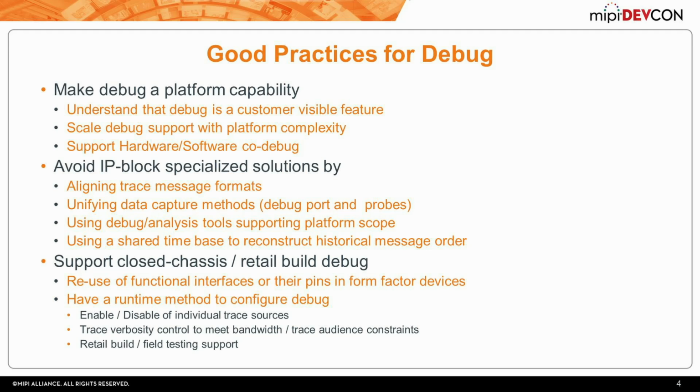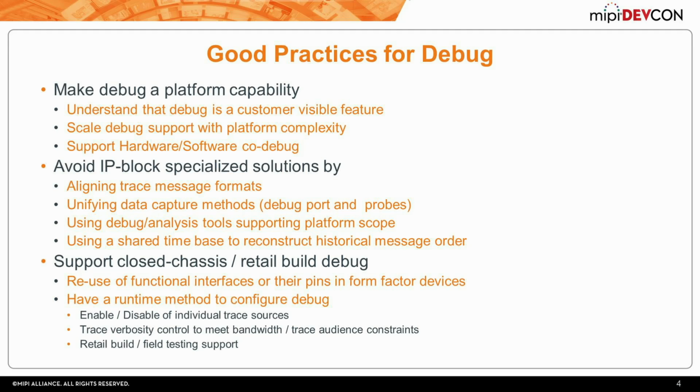And the third point is about the mobile space: extend debugging from prototype lab environments into the field on form factor devices. In the field, you don't have prototype boards with debug headers, debug pins available anymore.